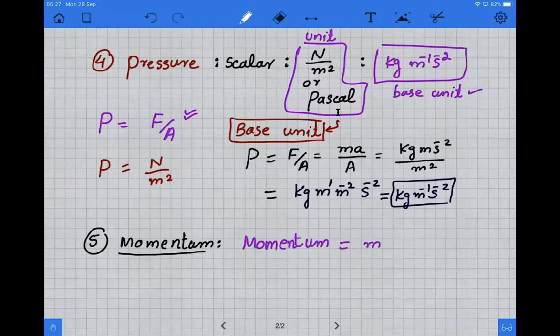Momentum is the product of mass and velocity. This is the exam definition of momentum. Basically, momentum is the measure of the amount of damage that an object has a potential to cause. So momentum is the product of the mass of the object and the velocity of the object.